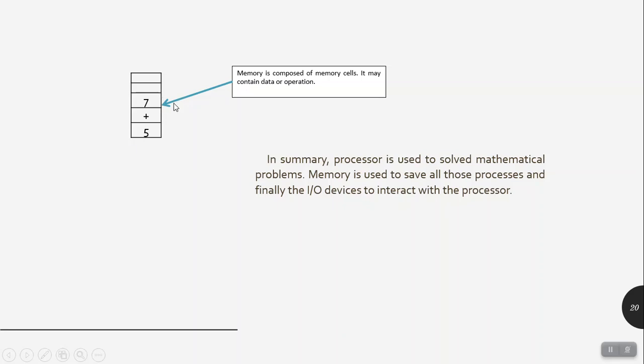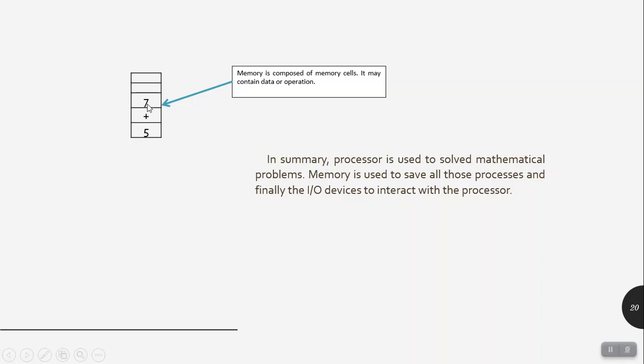So for example, we entered 5 and then plus operation and then the 7. So this mathematical equation here will be solved by our processor, then save the result to our memory before the output so that we could retrieve the result and use it later on.